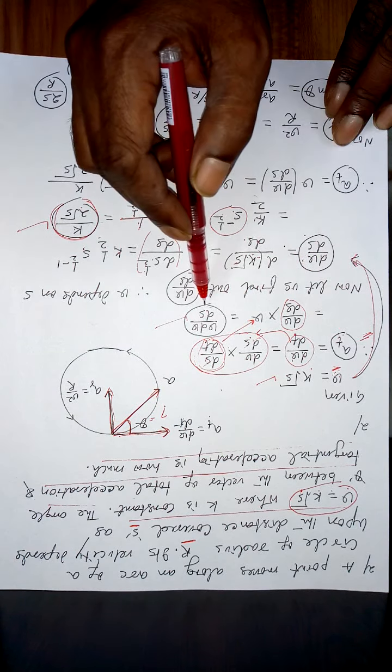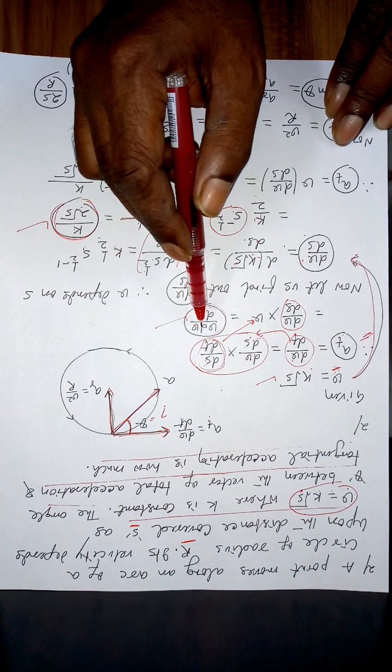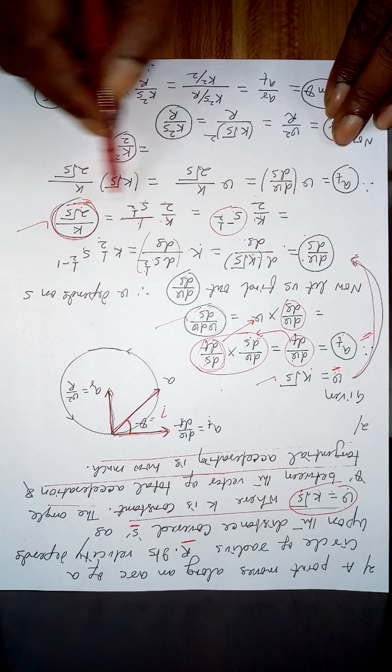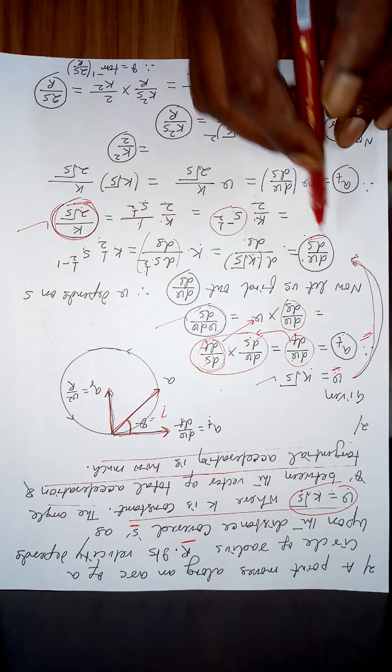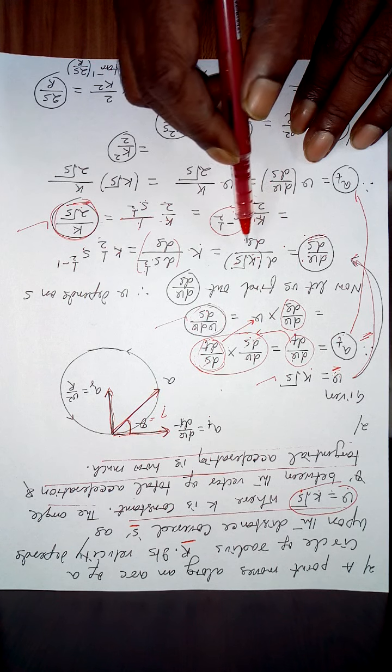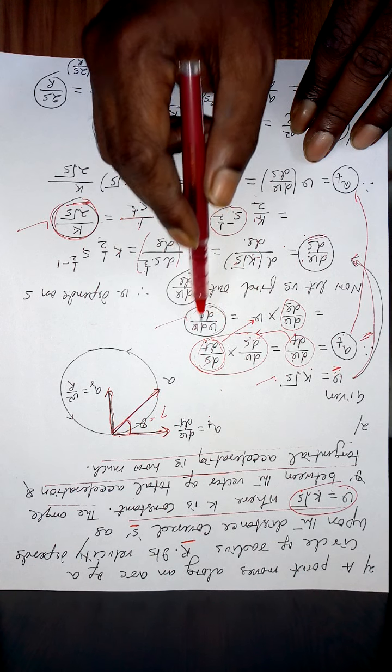And at is found out like this. Here there is a term dv by ds, and here I will put this value. Therefore at is equal to v dv over ds.